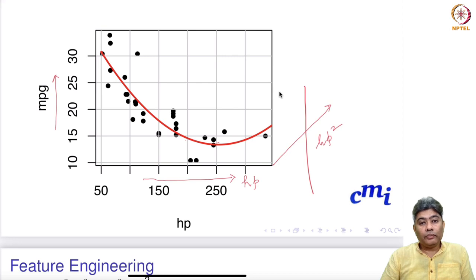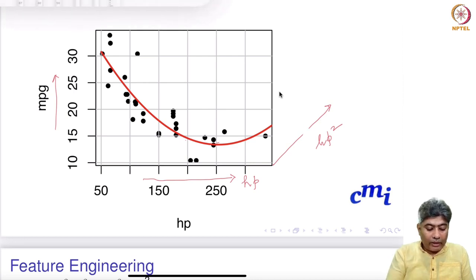It's not linear. It looks like they have some kind of non-linear relationship, and if so, it is better we use the feature engineering technique.